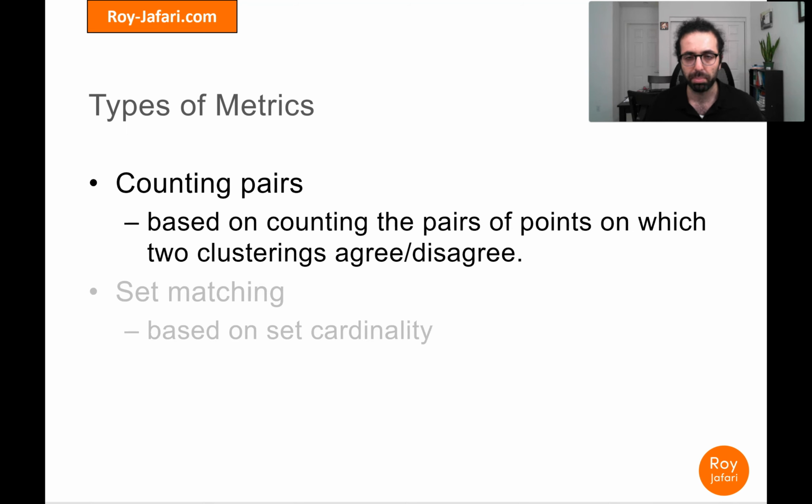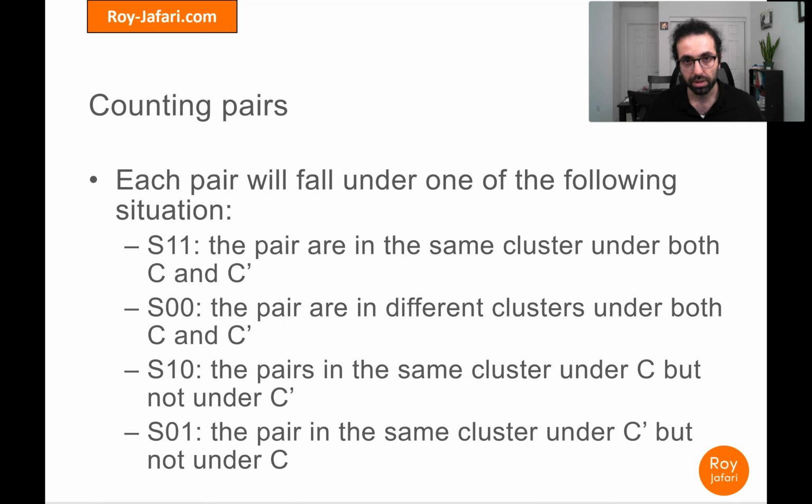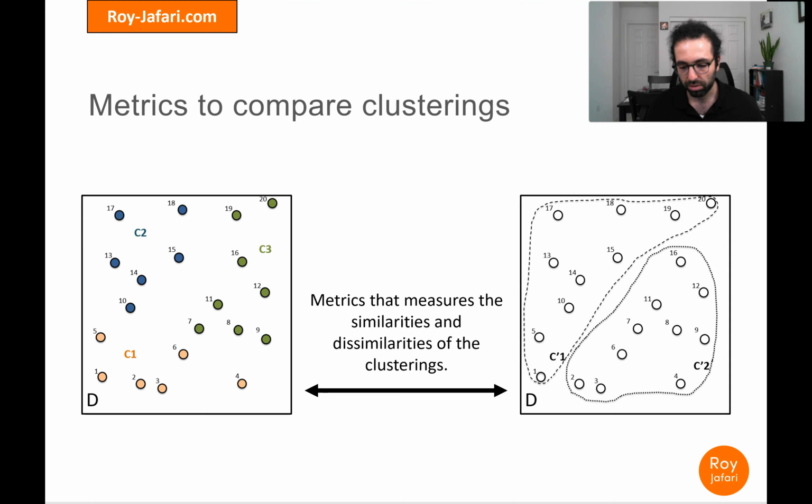So let's start with counting pairs. In counting pairs, each pair is going to be studied. If we go back to this data, we will study each possible pair. First we study pair 1 and 2, and then we move to pair 1 and 3, right?